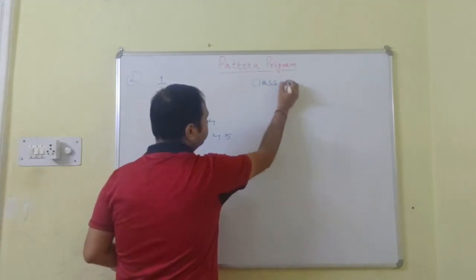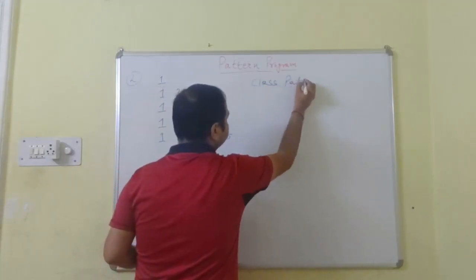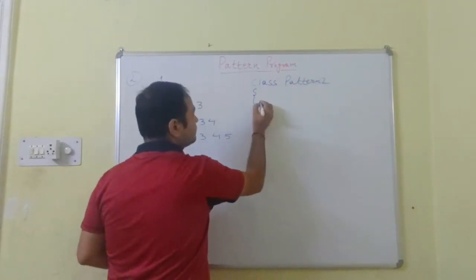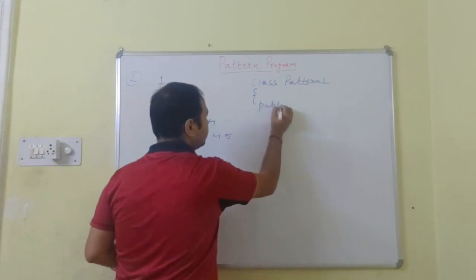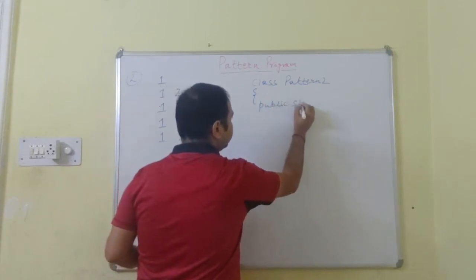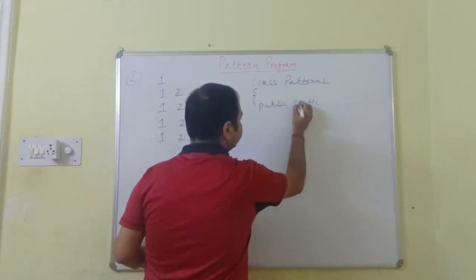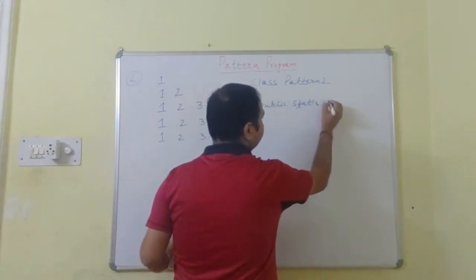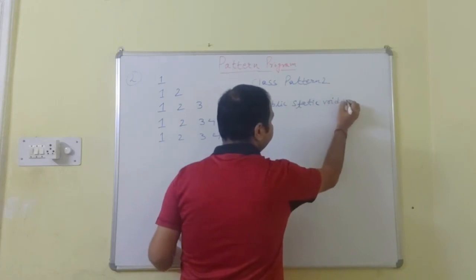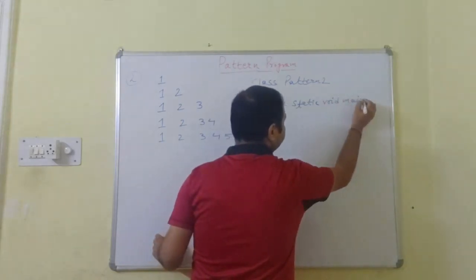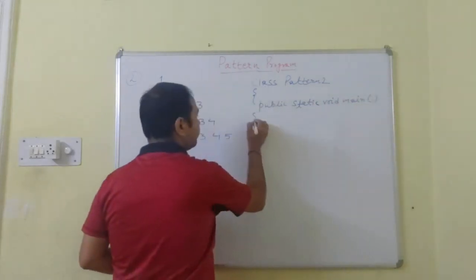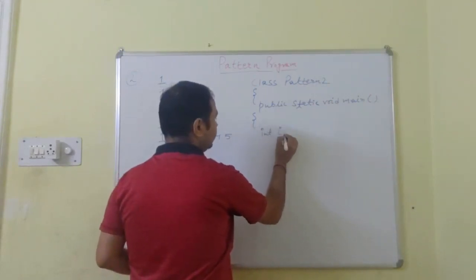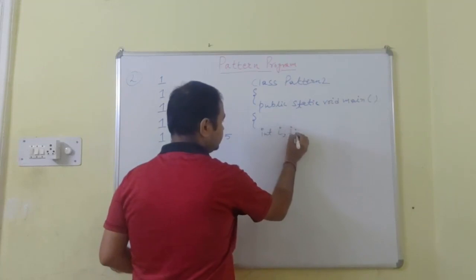class Pattern2, public static void main, int i, j.